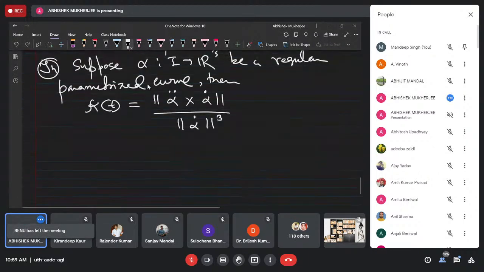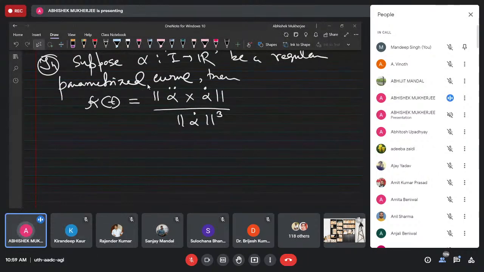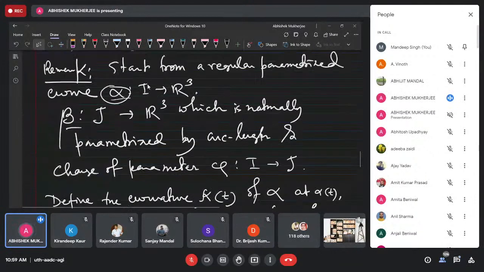This expression can be achieved by means of the reparameterization of alpha, which is naturally parameterized by the arc length s.